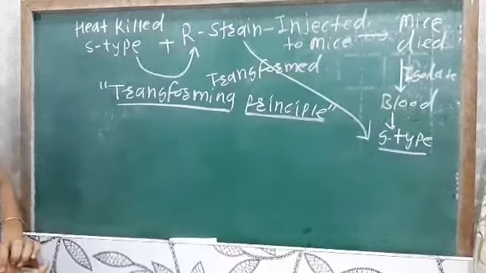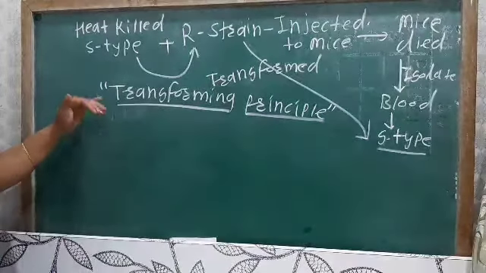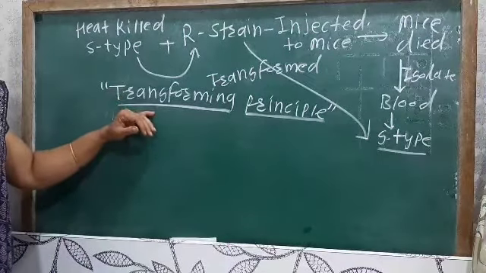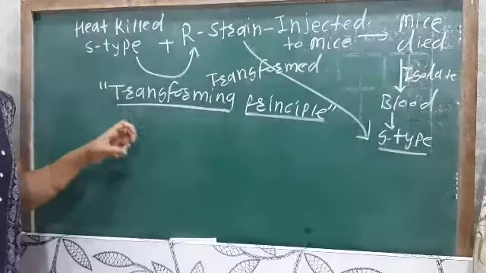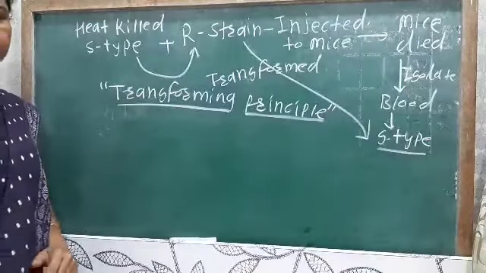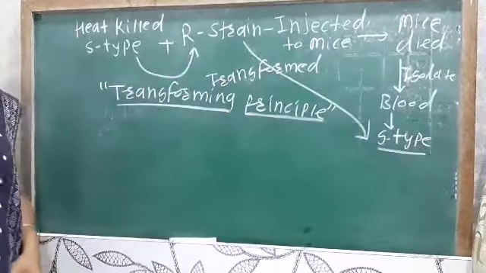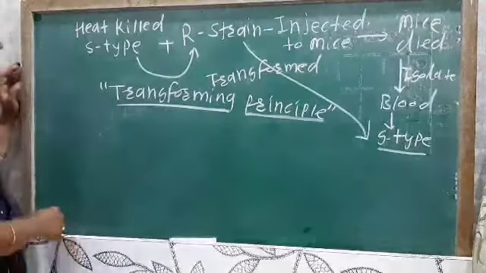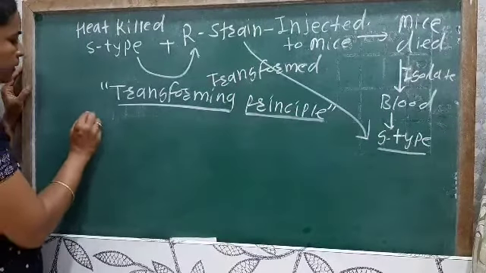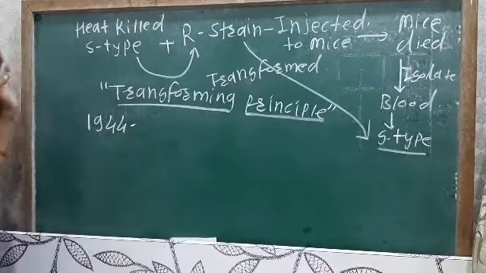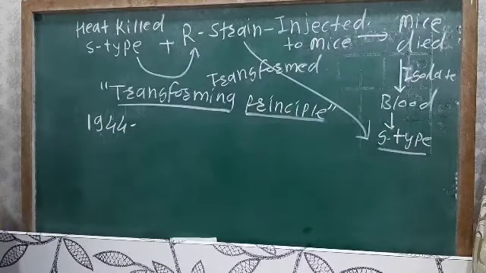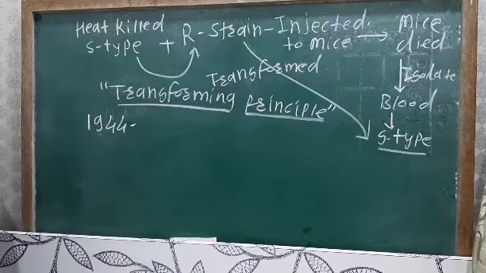So here the three scientists after the Griffith experiment, Griffith proved that there is a transforming principle in 1928. But 10 years after Griffith, in 1944, three scientists proved which is the transforming principle.